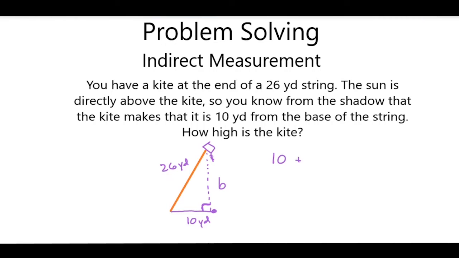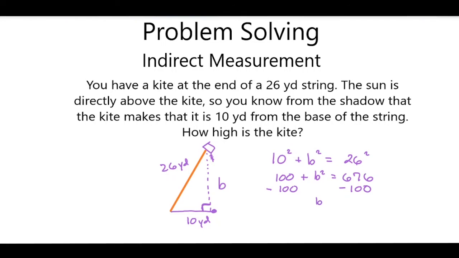So let's say 10 squared plus B squared equals 26 squared, since we're using the Pythagorean theorem. So 100 is what 10 squared is. So 100 plus B squared equals 676. So I need to solve for b, so I will subtract 100 on both sides.